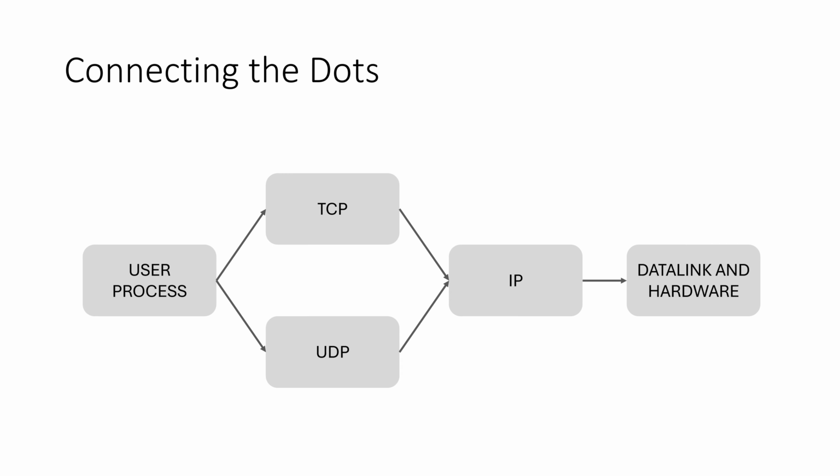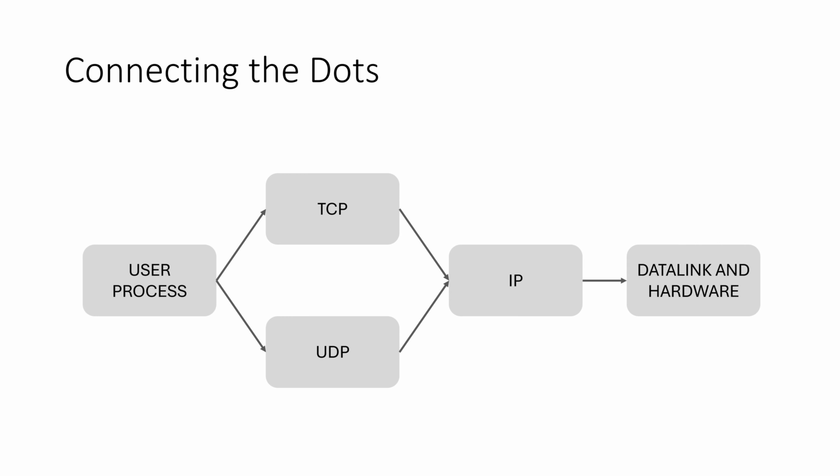Next, the data moves to the internet layer where the IP protocol adds source and destination IP addresses and routing instructions. The network access layer takes over, encapsulating the packet with MAC addresses, error checking bits, and framing details.